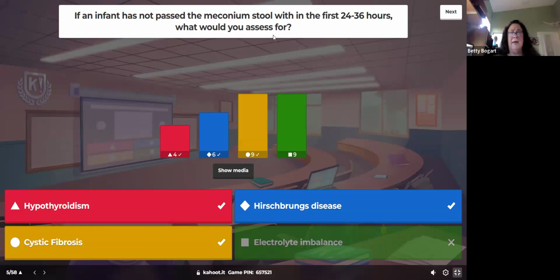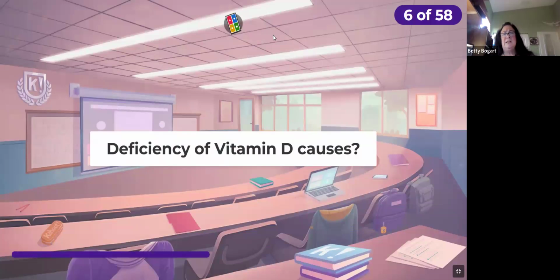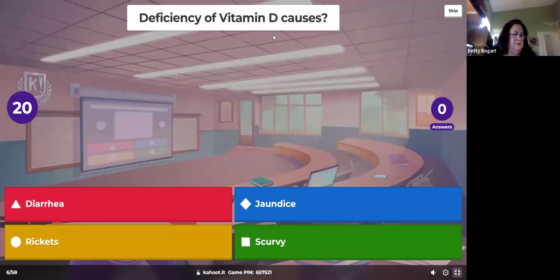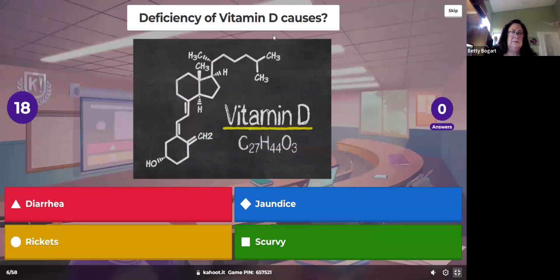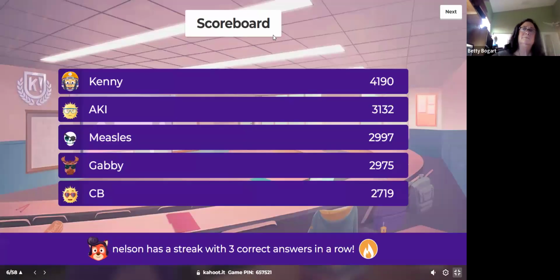Is electrolyte imbalance really part of constipation? No, not really. Deficiency of vitamin D could cause it. Isn't this why we give vitamin D to breastfed infants? Because we're worried about bone health, right? It's the rickets.